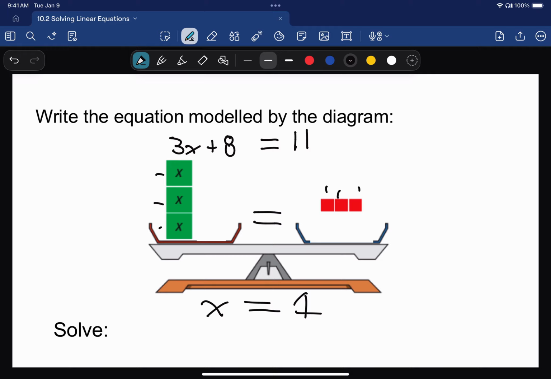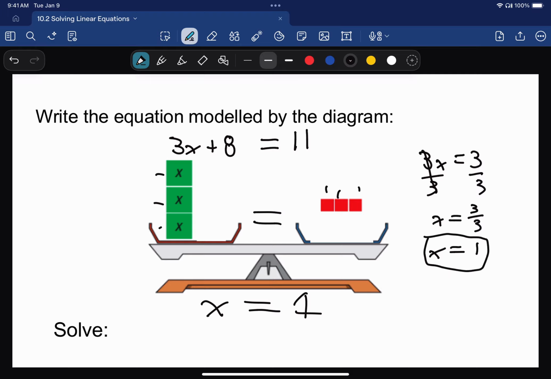I hope we can see that. Basically we got 3x equals 3 if we were to model this equation again. And if we were to do our inverse operations from last time, we divide both sides by 3. These cancel out. x equals 3 over 3, which is the same as 1. So x equals 1 in this case.